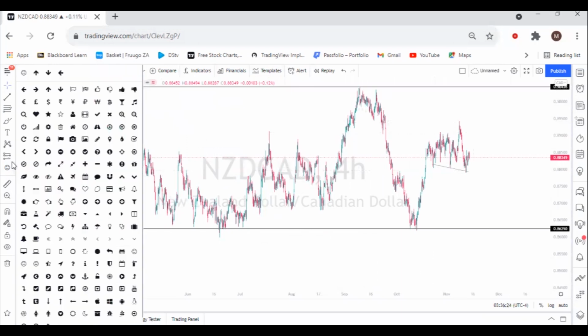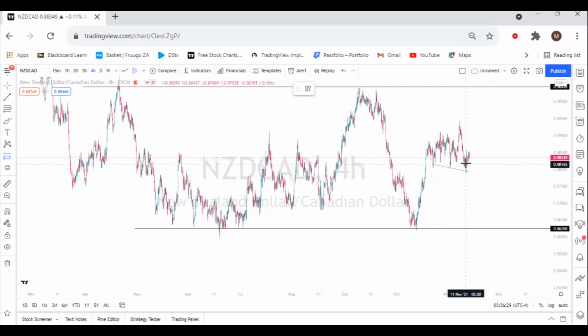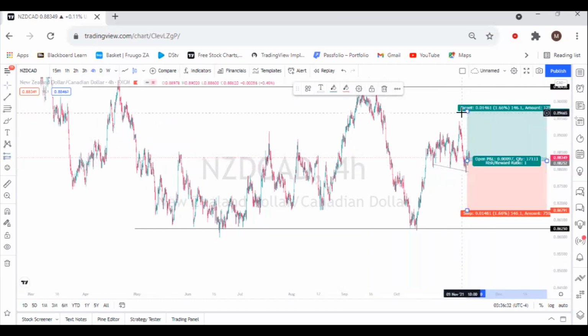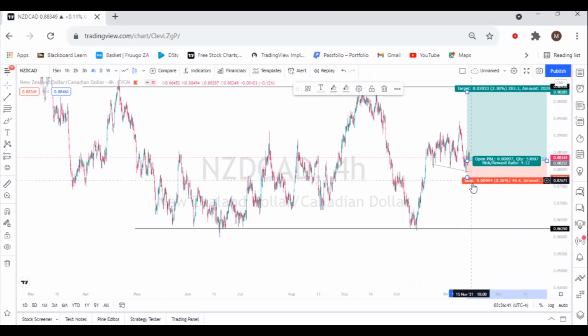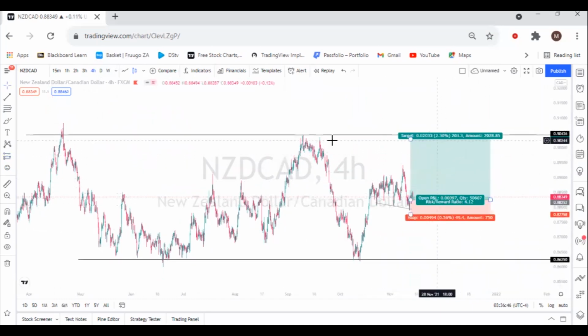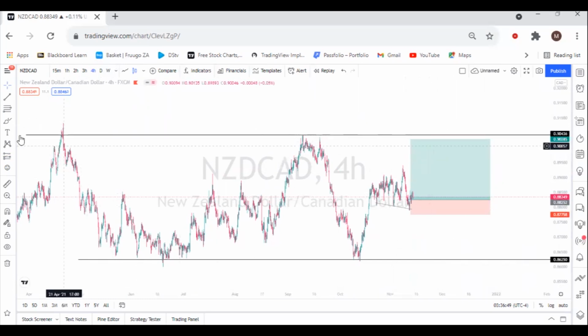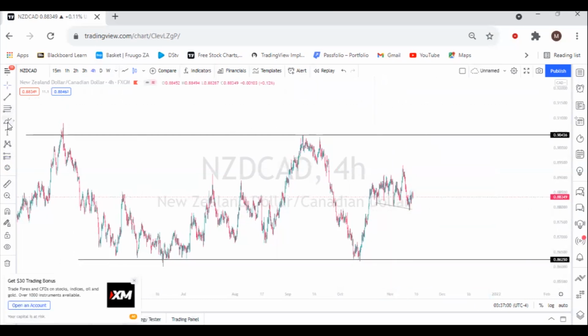till our resistance or highest height. So let me just use the long pattern to illustrate the buy. So this is what it looks like. So the price is gonna buy till this point, and then that's when it will reject, because this is a significant zone. And then once it gets to our resistance, hopefully the market moves like this.